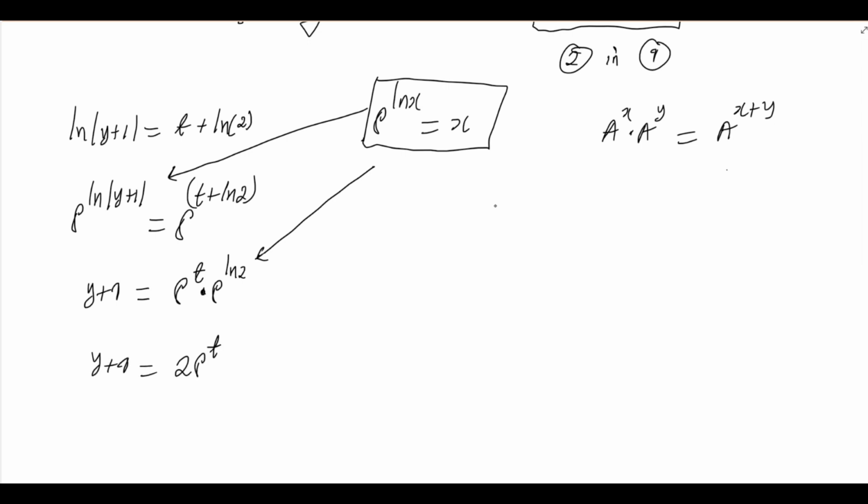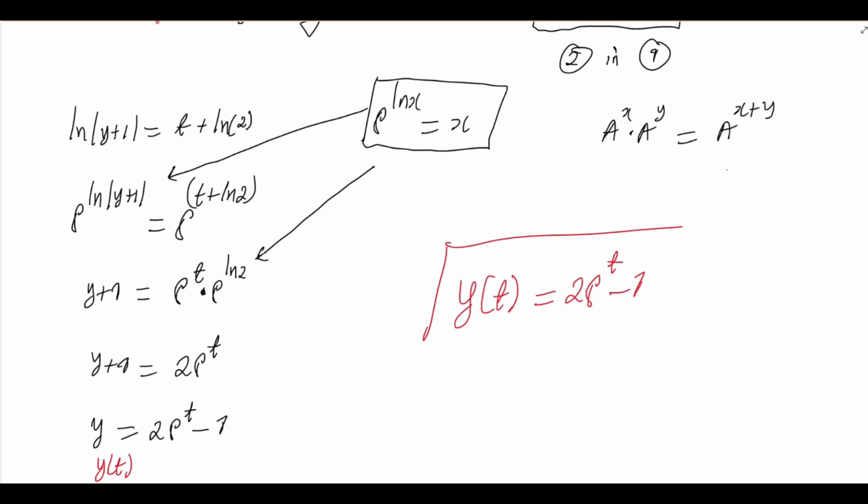Simple. So we want to look for y. So y will be 2 e to the power t minus 1. And since our function is in terms of t, we can safely write it as y of t equals 2 e to the power t minus 1. And that is our solution.